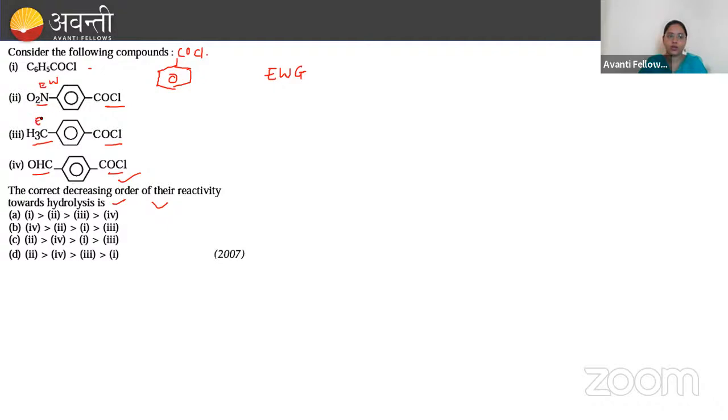This is electron donating. This is also electron withdrawing, but not stronger as compared to NO2. So NO2 will be more easily hydrolyzed over CHO. Okay? And after that, which will come? CH3 will come, right? Or the normal one will come?